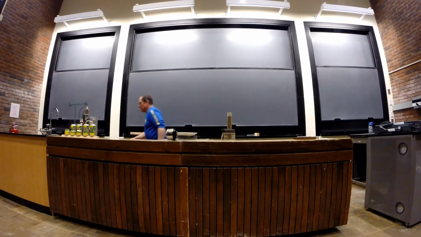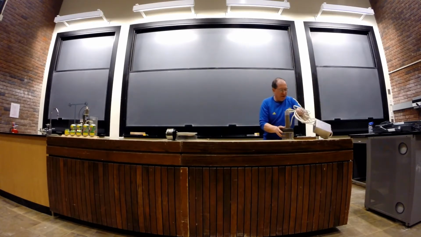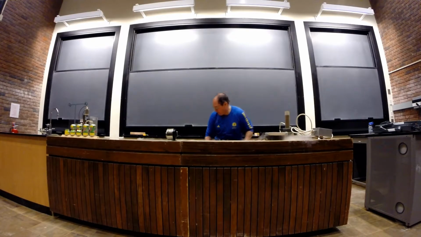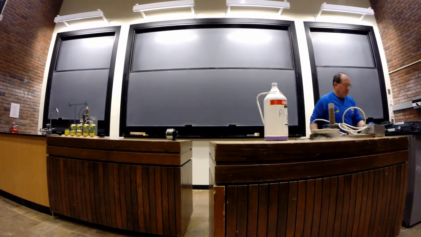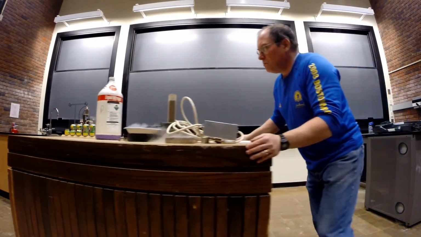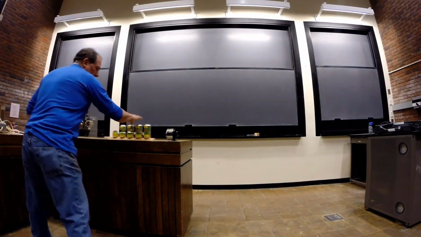Okay, one last thing. I know you're dying to get to lecture. This last demonstration is a combination of everything you've seen, or actually a more dramatic demonstration of the same thing.